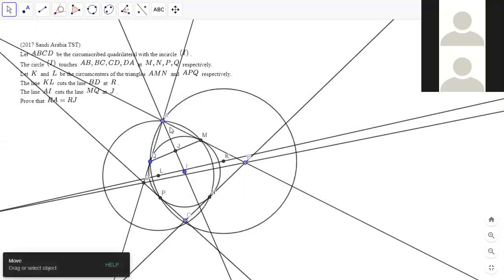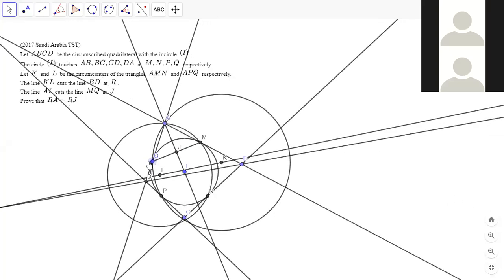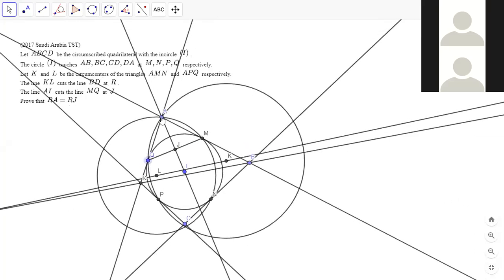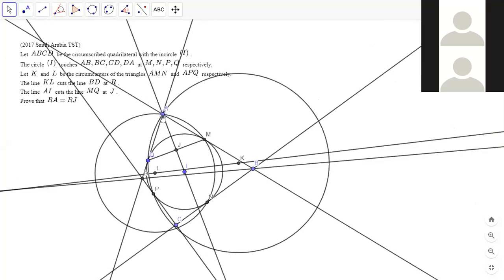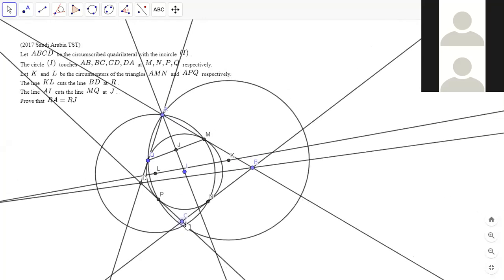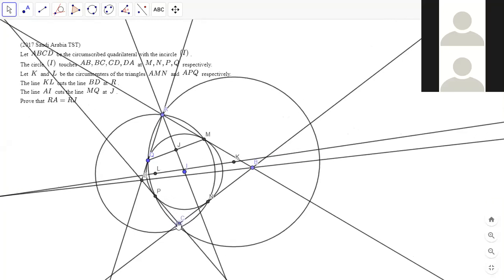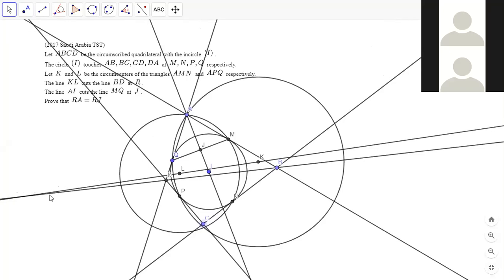Let's see if I can make it a little better. Yeah, if I make it more like this, maybe it's not so bad if R is like over here.